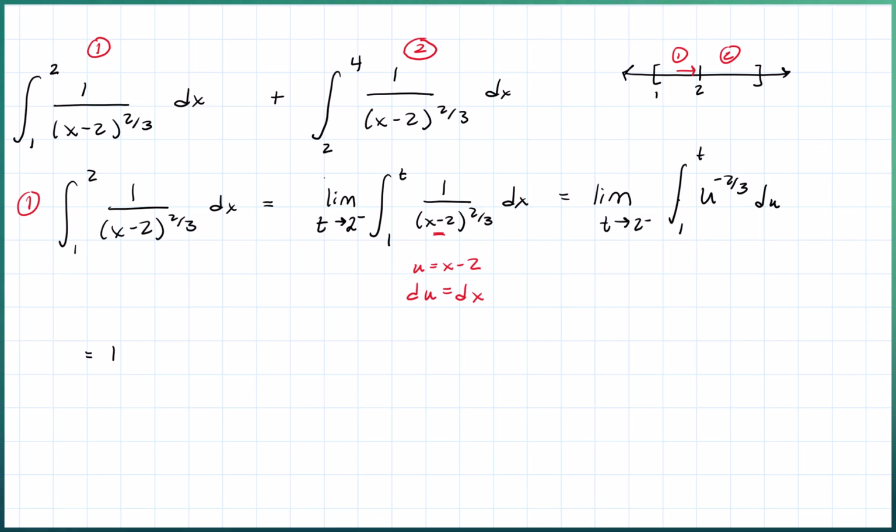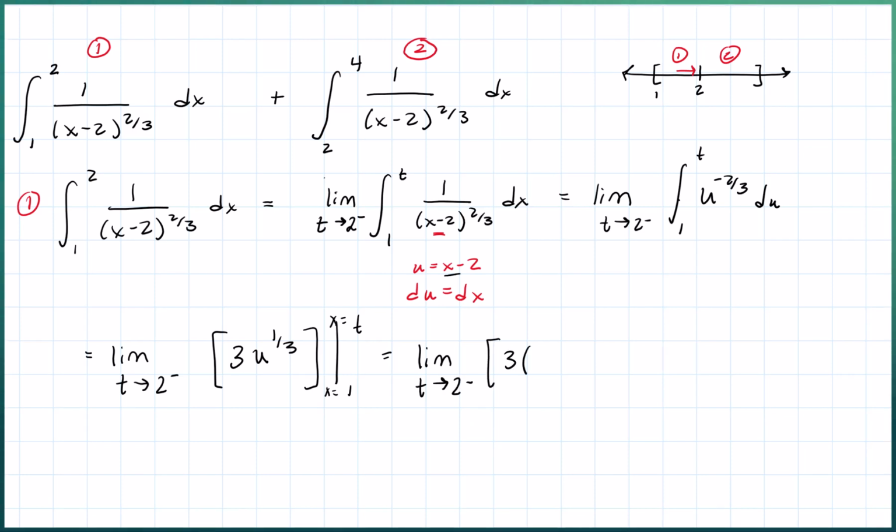We still haven't taken the limit, so this is still the limit as t is approaching 2 from the left. We're going to end up with u to the 1/3 divided by 1/3, which is 3. So 3 times u to the 1/3 evaluated from 1 to t. But we have to make sure we plug our u back in, because these were x's: x equals 1 and x equals t. So this is the limit as t is approaching 2 from the left.